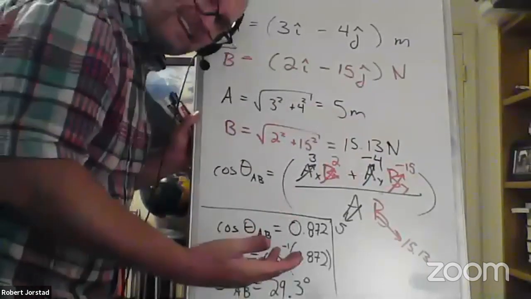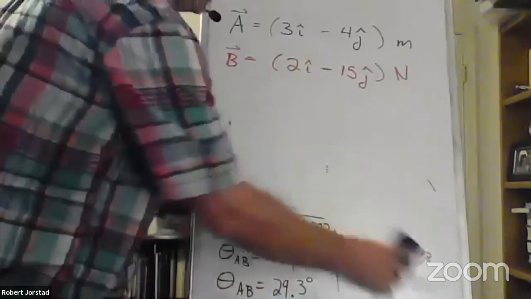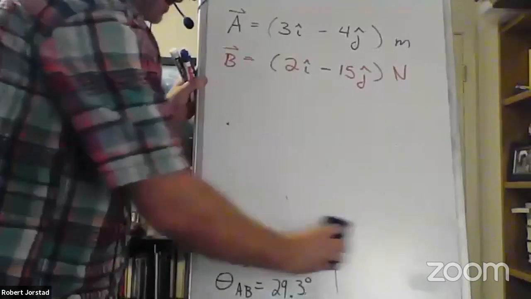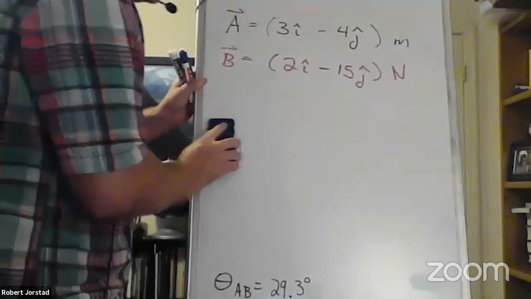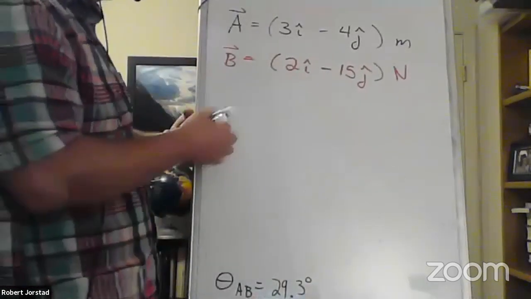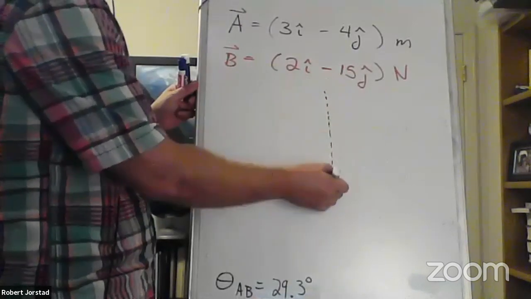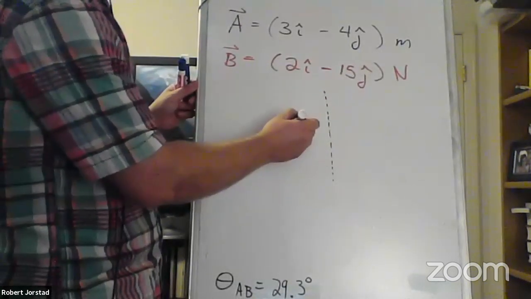Remember, you've got more neatly written examples in your book. According to this, we figured out it was 29.3 degrees, right? So let's try and draw this and see what it looks like. One of these has a large negative. Doesn't look like anything's going upwards, so I'll do this.